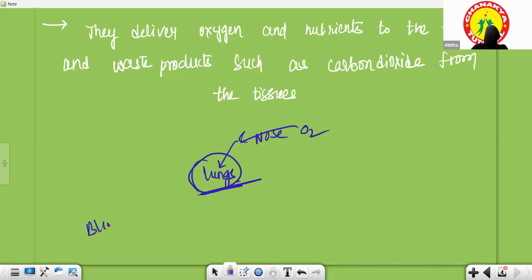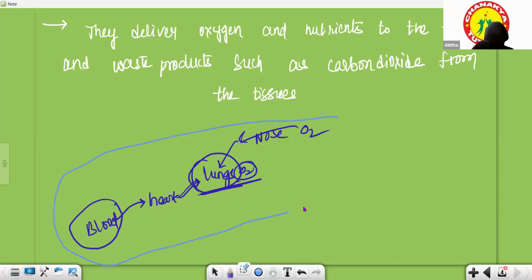Blood is collected from all the body parts and reaches the heart. From the heart, it reaches the lungs because in the lungs you have oxygen. Thus the blood gets oxygenated in the lungs. After oxygenation, the blood comes back to the heart again and the heart pumps it to the body parts.